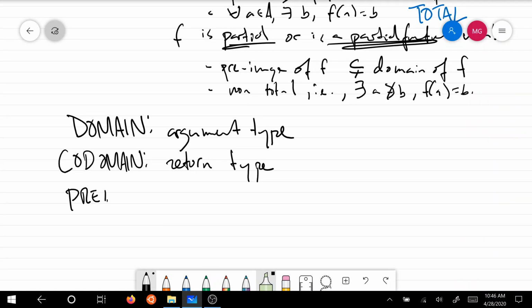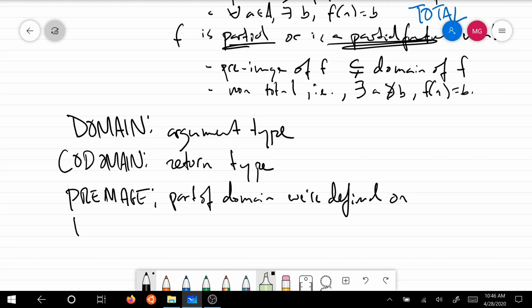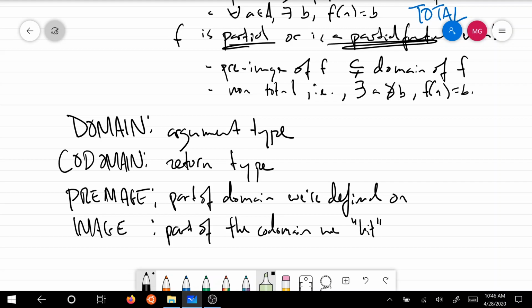The preimage, part of domain we're defined on. And then the image, part of the codomain we hit. I try to just avoid the word range because for some people range means codomain and for some people it means image, and I just don't want to get involved in that kind of thing. Okay, so we've got the terminology.